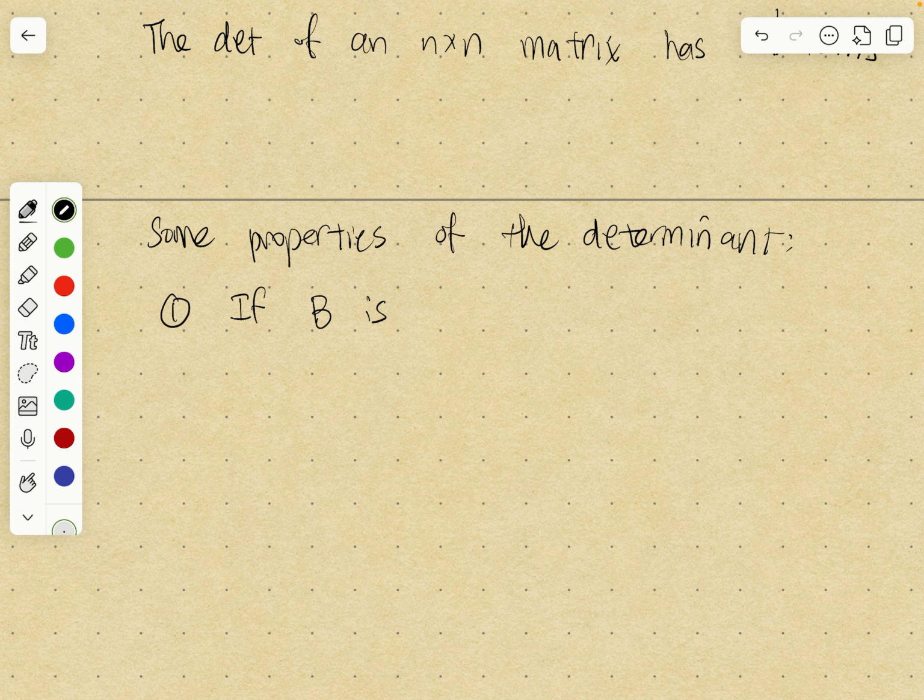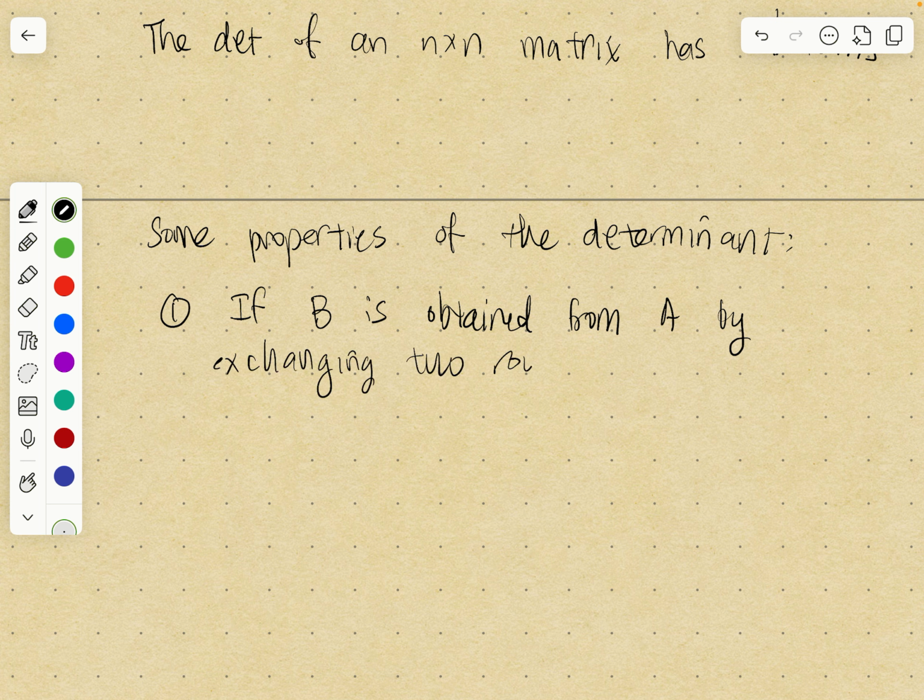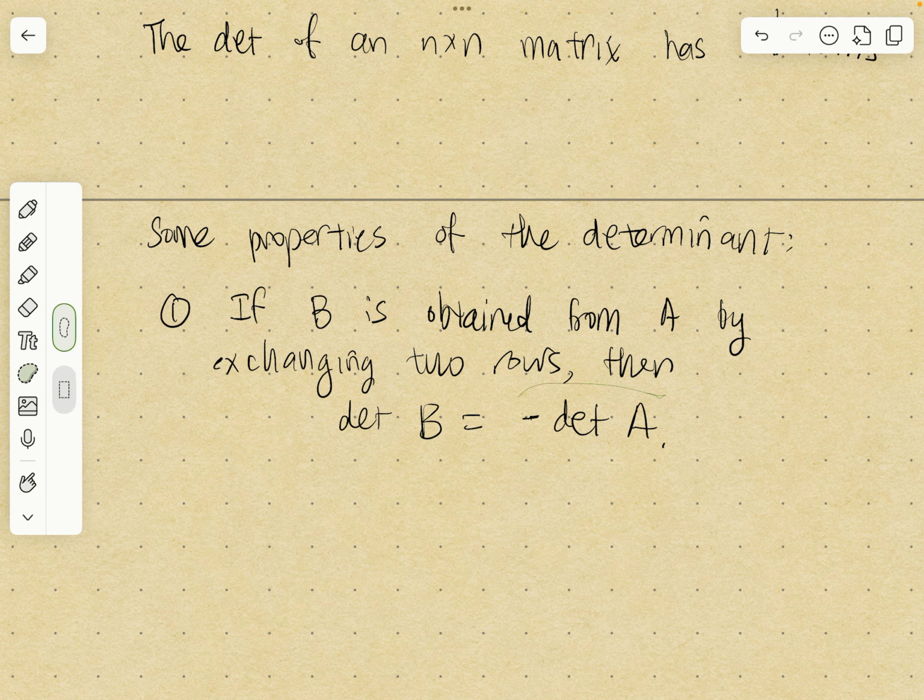So if B is obtained from A by exchanging two rows, then the determinant of B is equal to negative the determinant of A. Now remember that when you have this thing, negative determinant of A, that's not necessarily a negative number.